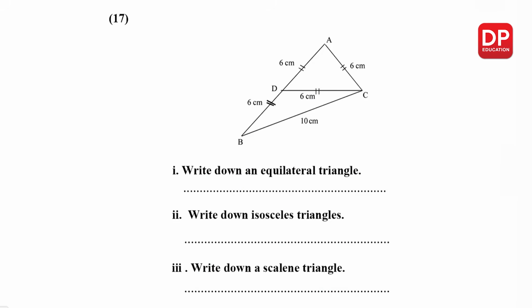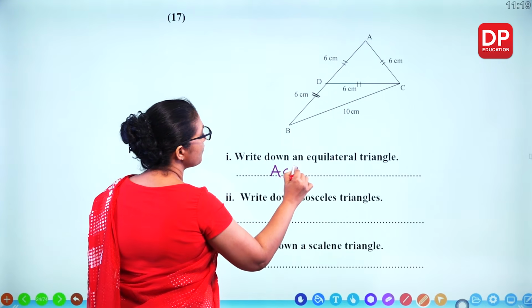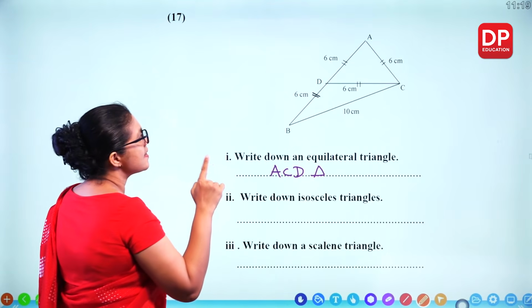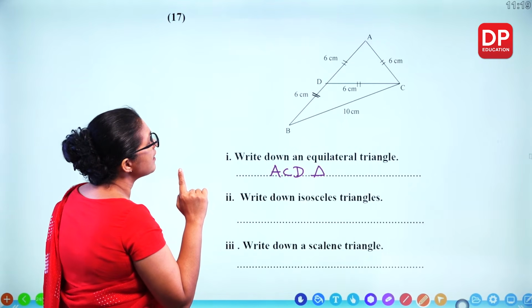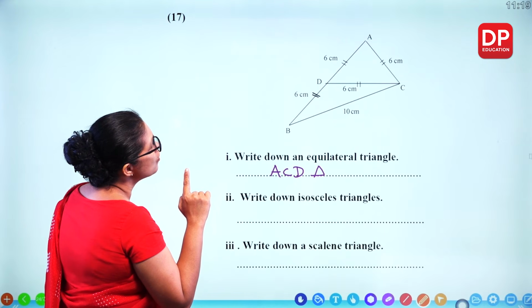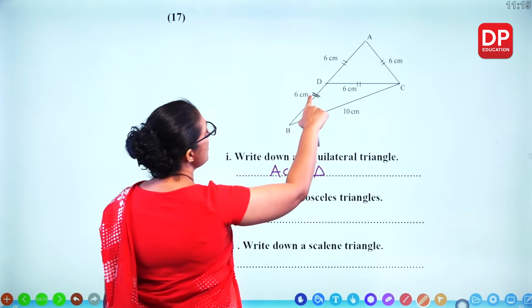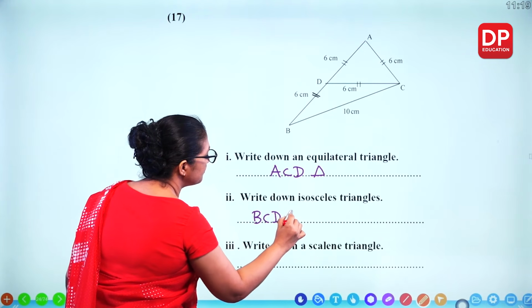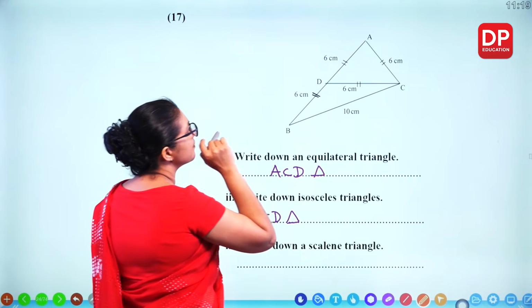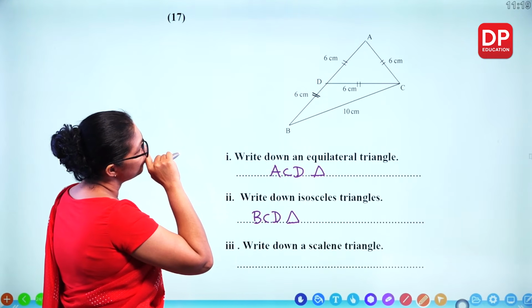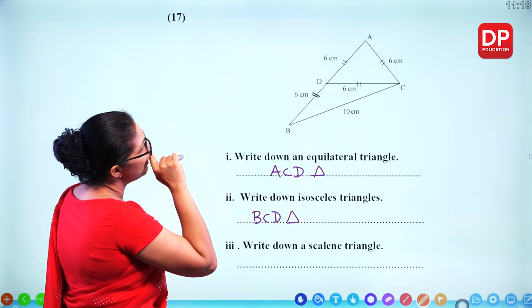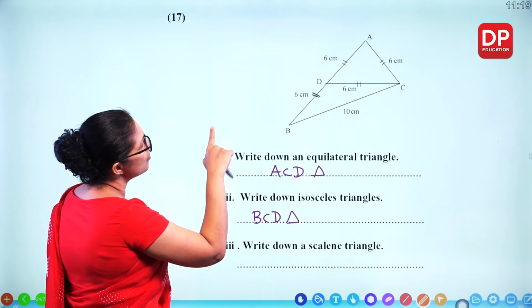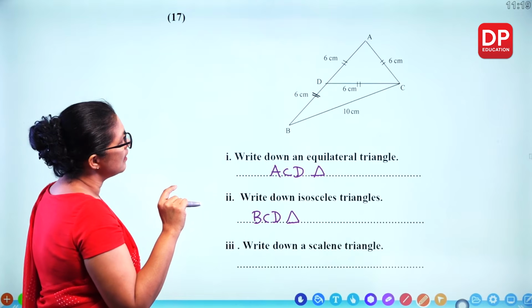Look at this one, write down an equilateral triangle. All lengths are equal. Look at ACD triangle. That's an equilateral, 6, 6, 6. Write down isosceles triangles. Two lengths are equal. Look at this one, BDC triangle or BCD. 6, 6, 10. What else? When you take the big one, 10, 12 and 6, that's not equal.